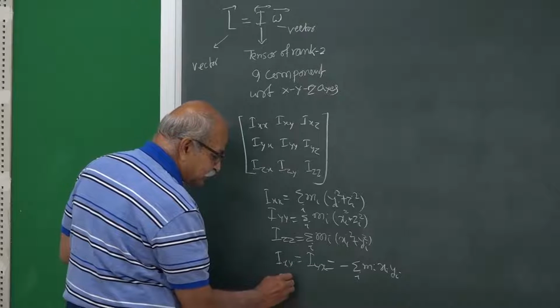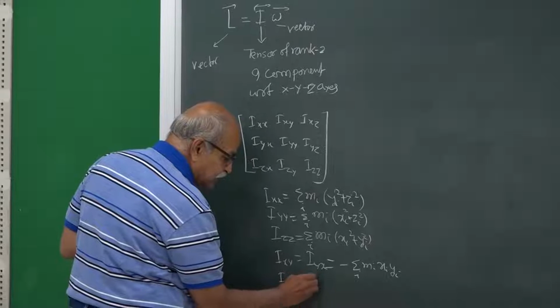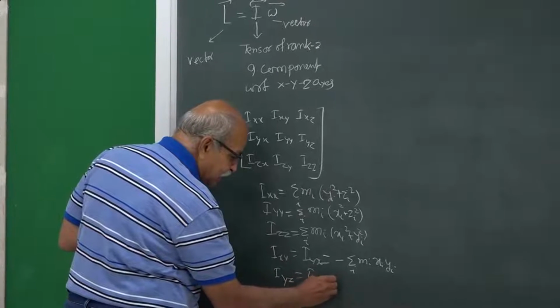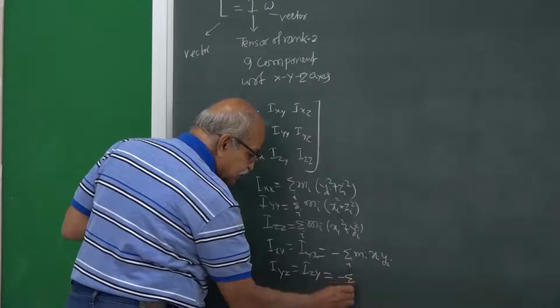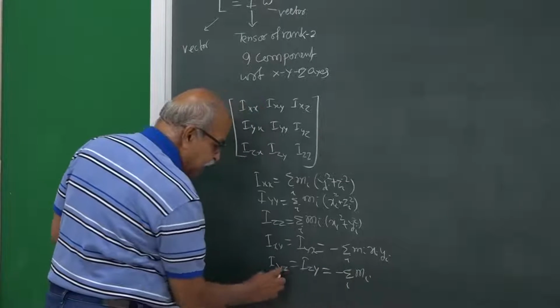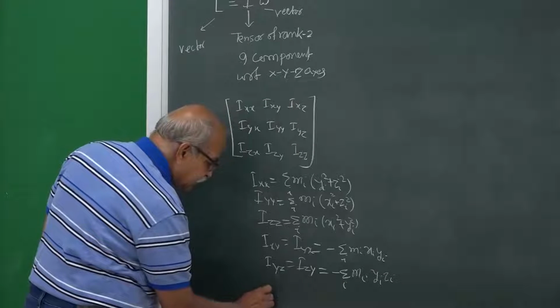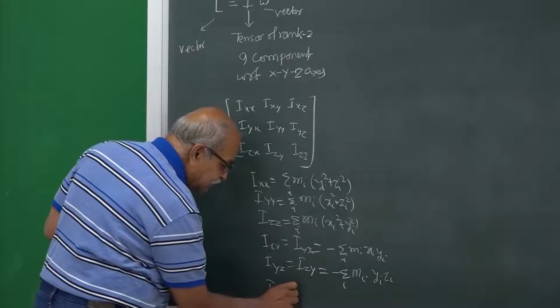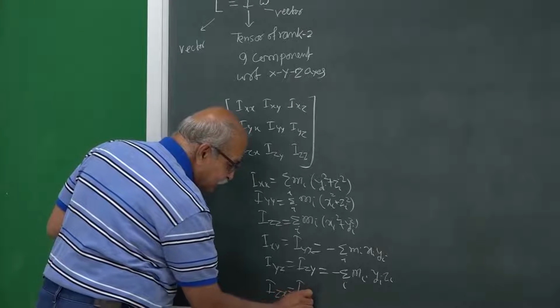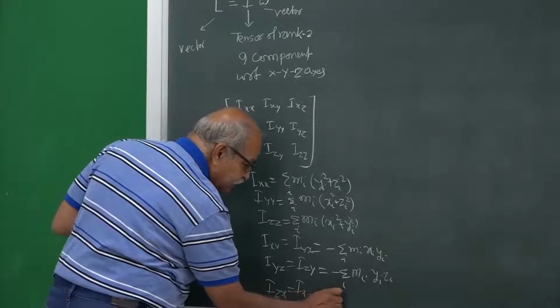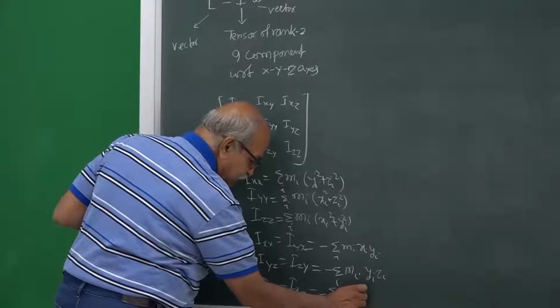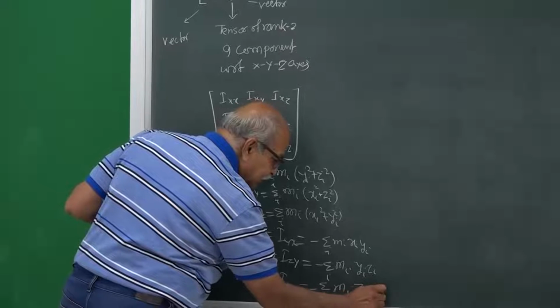In the same spirit, I yz, which is the same as I zy, is minus summation over i of m i y i z i, and the last one is I zx, which is the same as I xz, and this will be minus summation over i of m i z i x i.